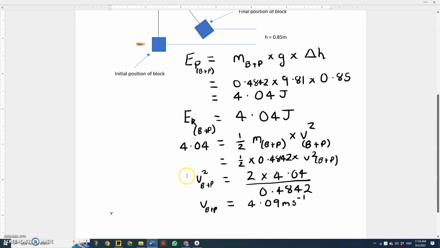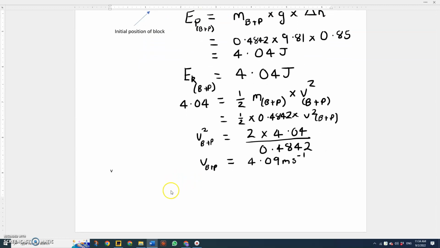So we can use the conservation of momentum, and we can say that the mass of the pellet times the velocity of the pellet is equal to the mass of the pellet plus the block times the velocity of the pellet plus the block.